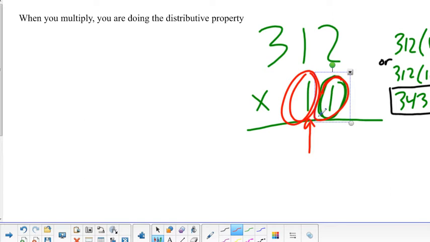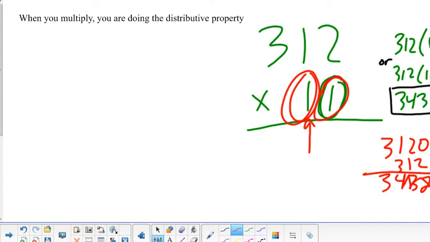When I do it mentally, I usually do the 10 first. So 312 times 10, in my head I can tell you that's 3120, and then 312 times 1, I have to add 312. So in my head, can you do this, to get 3432, if I get it all right.